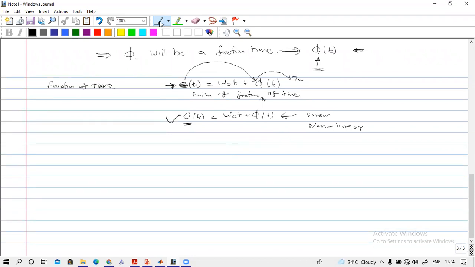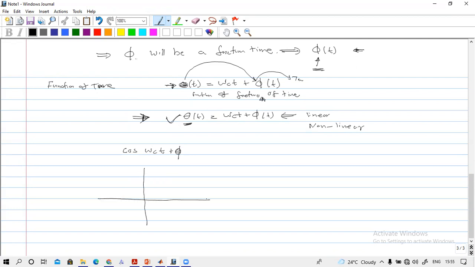If I draw the phasor diagram of this signal, I will write the phasor diagram for a normal sinusoidal signal, A cos(omega_c t plus phi). So it will look like this.